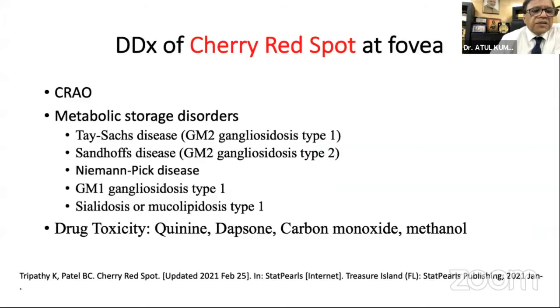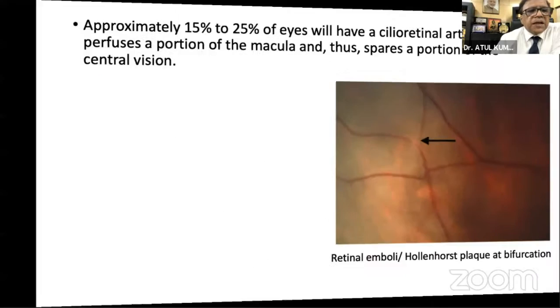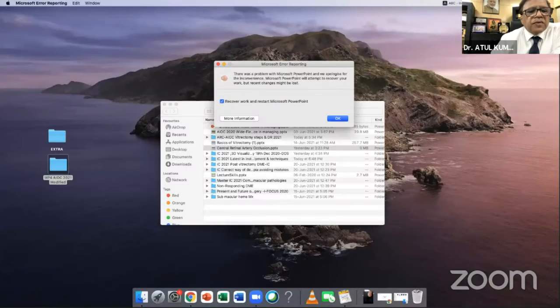The cherry red spot is there in many other disorders like central retinal artery occlusion, the metabolic storage disorders, which include Tay-Sachs, Sandhoff's, Niemann-Pick's, GM1 gangliosidosis, sialidosis, and drug toxicity: quinine, dapsone, carbon monoxide, and methanol. Most of the layers in the center are absent, except for the innermost layers of the retina, and so you get this cherry red spot. You have to know that it's basically the absence of the rest.